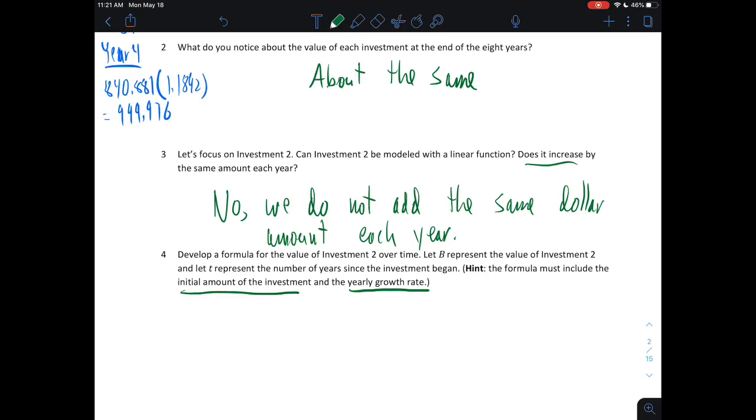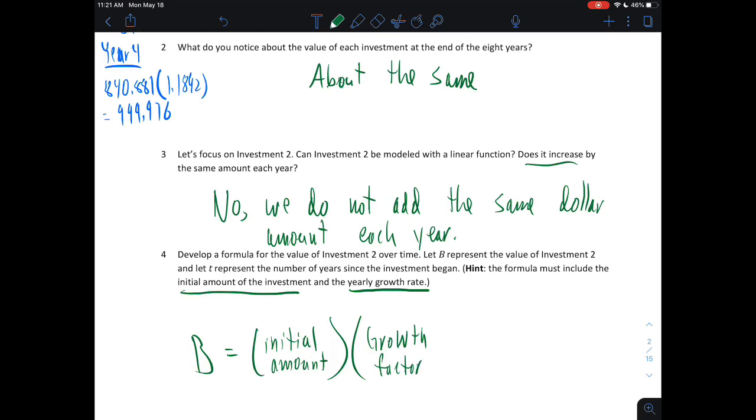So we're going to have an exponential function where B is the value of the investment. That's going to be equal to the initial investment or initial amount times our growth factor raised to a power, T. T is the power that is going to be varying because we will have varying years for this.